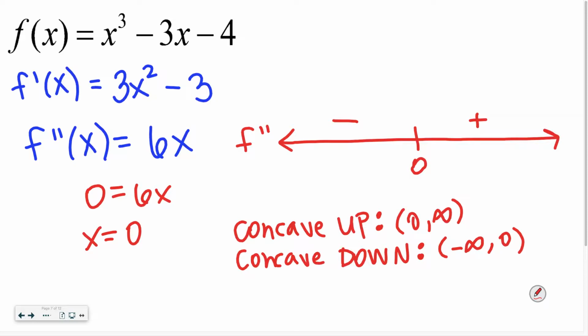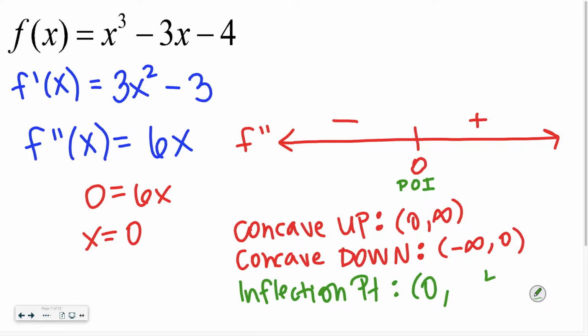Since we have a change in concavity, POI, point of inflection. That's just my shorthand for it. Since we have a change of concavity, we have a point of inflection, and our inflection point is occurring at x equals 0.